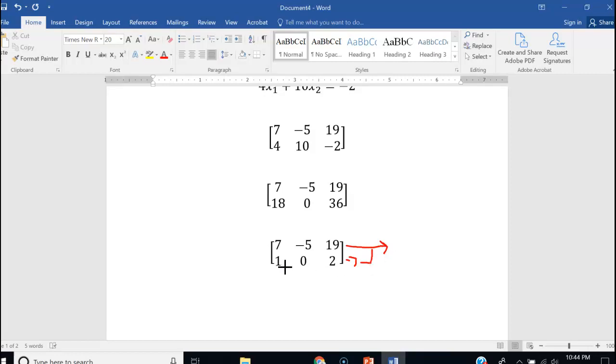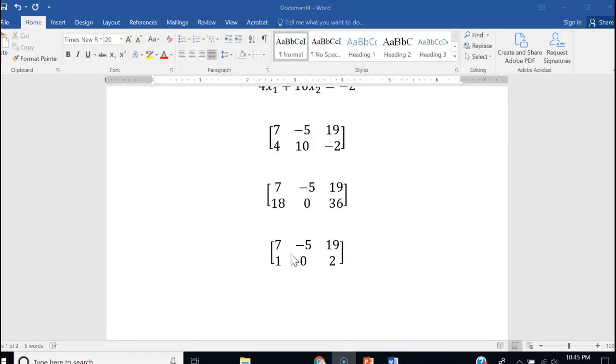Okay, 1 times -7 plus 7 is going to be 0. 0 times -7 added to -5 stays -5. 2 times -7 plus 19, that's -14 plus 19 becomes a 5.